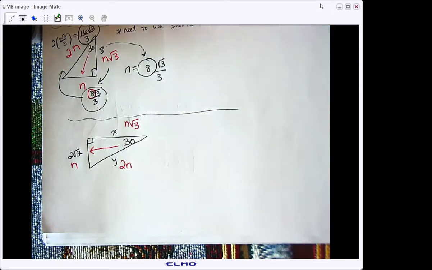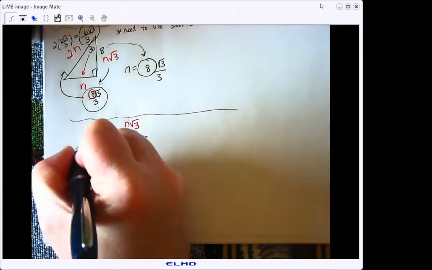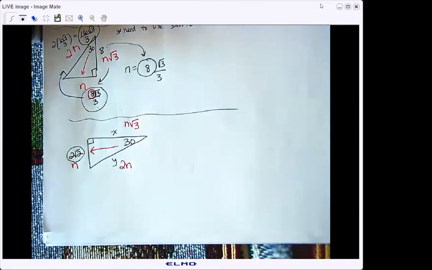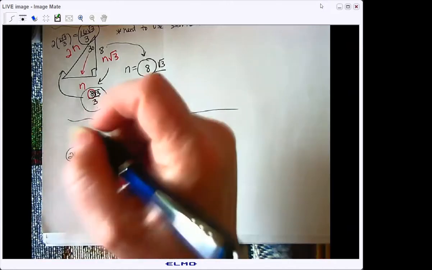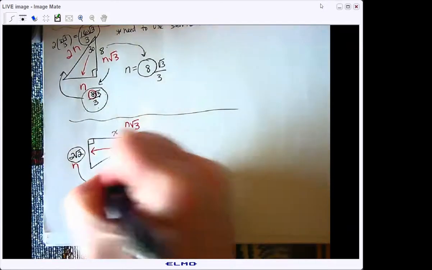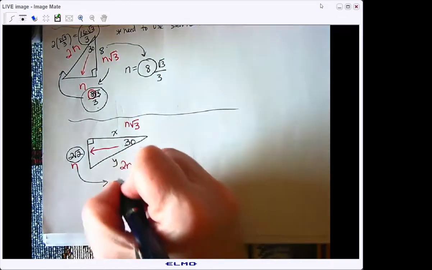Okay, so we know that n is 2 root 2. What do I do to that to find the hypotenuse? Multiply it by 2. Okay, so to find the hypotenuse, we take that n.